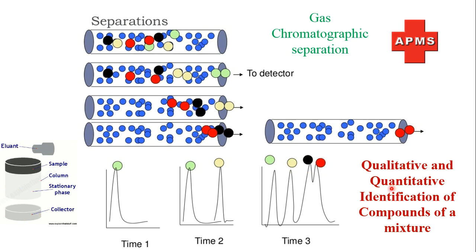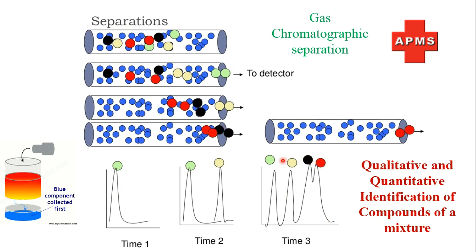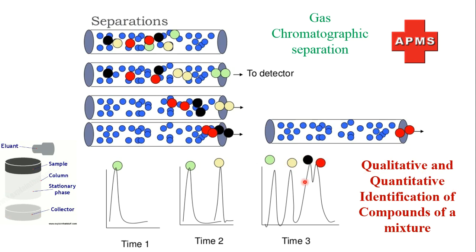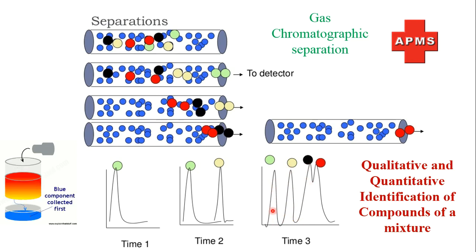So we see the qualitative and quantitative type curves here. These curves show both qualitative and quantitative analysis, where these different types of colored substances show different peaks, their corresponding different peaks, which is qualitative analysis. And if we consider their peak area or peak heights, then these peak areas show their quantitative analysis.